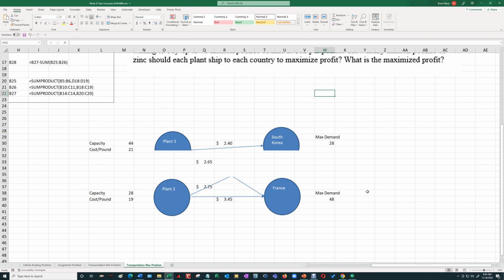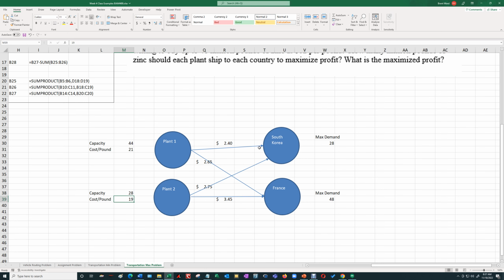So one way you can get these problems conceptualized is by using this type of network diagram, where you've got the plants, which are the origins right here, and you've got the destinations, which are South Korea and France. Over here we have the capacity of each plant, 44 million and 28 million for Plant 2. Cost per pound at $21 per pound and $19 per pound at Plant 1 and Plant 2.